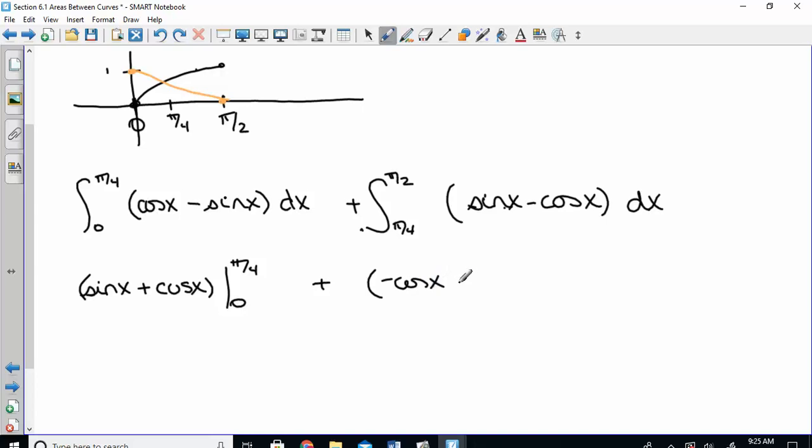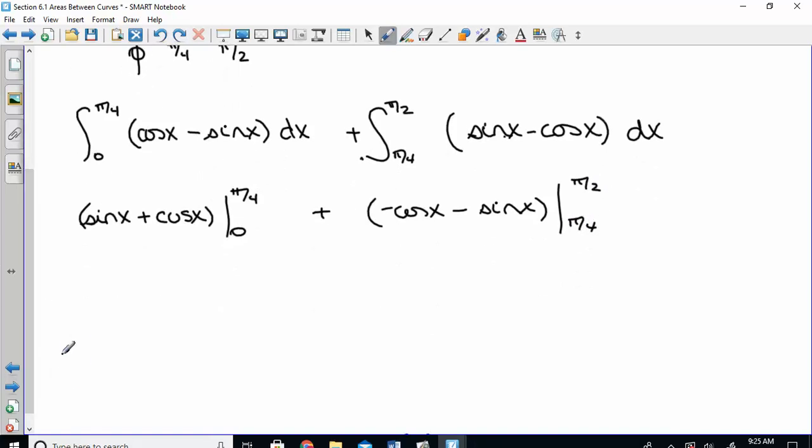Antiderivative of sine is negative cosine. Antiderivative of cosine is sine. So now we evaluate this.